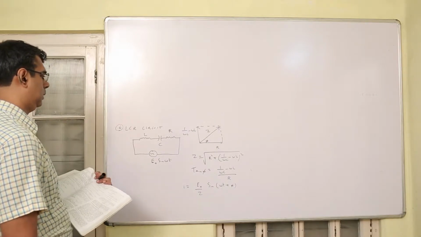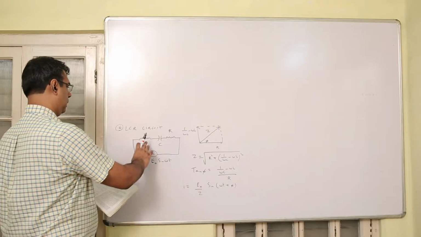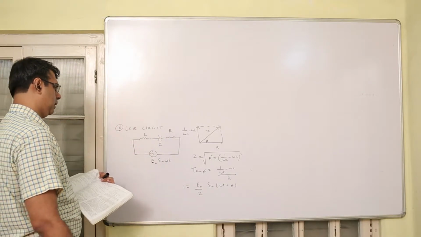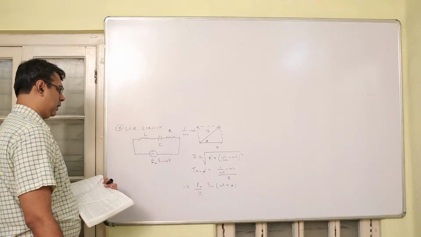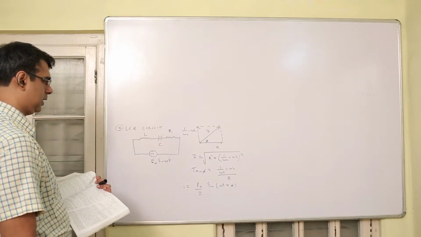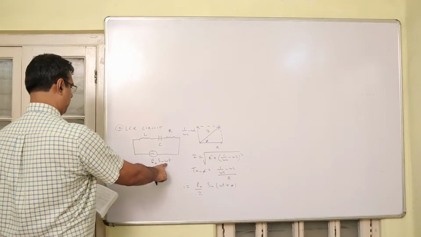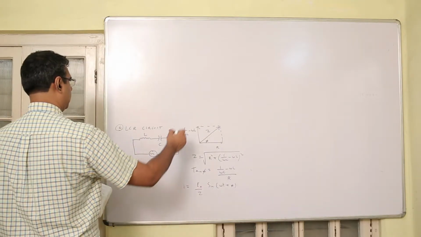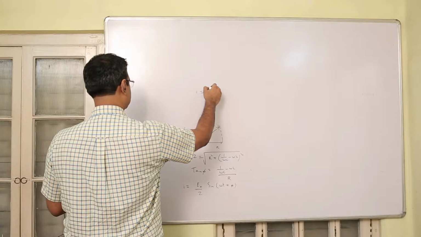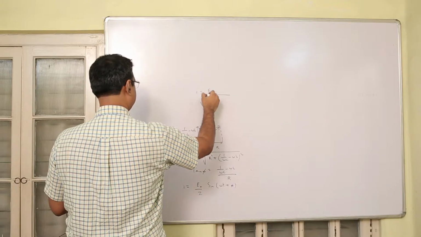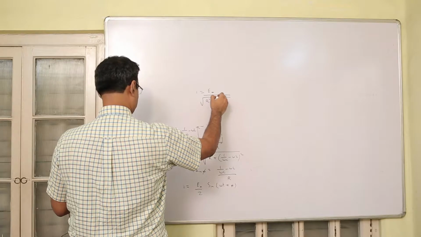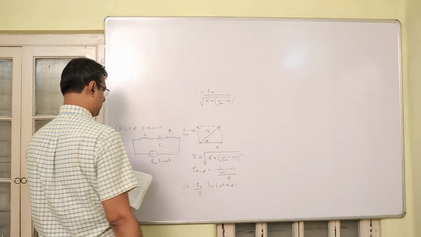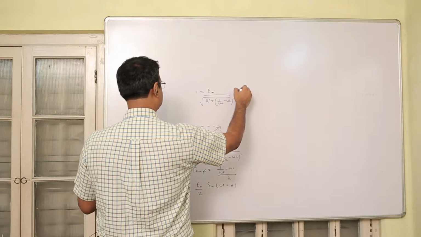Now let us say that in a particular circuit L, R, C are constants, but we are in a position to manipulate the frequency of the AC supply. Suppose we can manipulate omega. So in that case we can now discuss under what circumstances the current amplitude will be maximum.